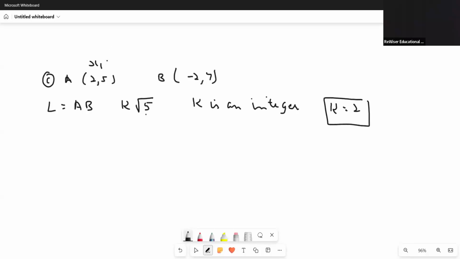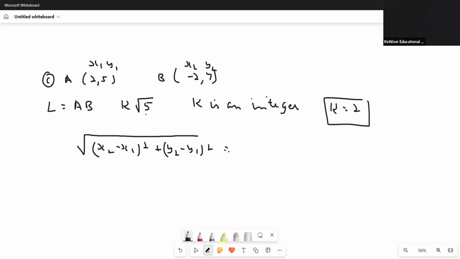So we can say this is x1, this is y1, and this is x2, and that's y2. So if I'm finding out the distance, it should be root under of x2 minus x1 whole square plus y2 minus y1 whole square. Putting it into the formula, that's minus 2 whole square plus 7 minus 5 whole square.